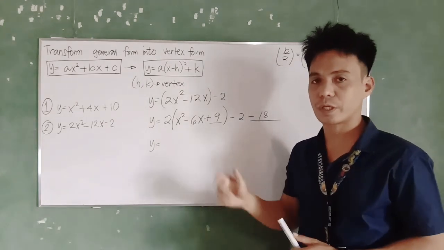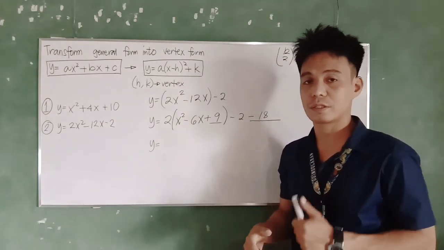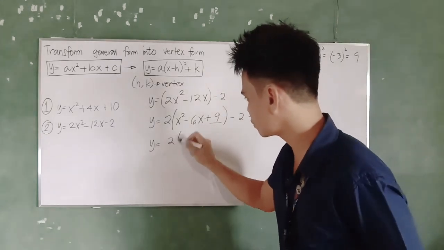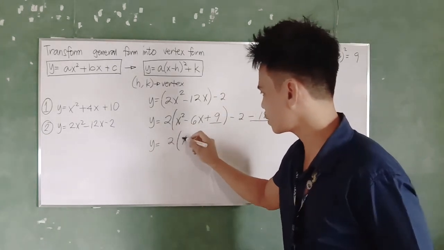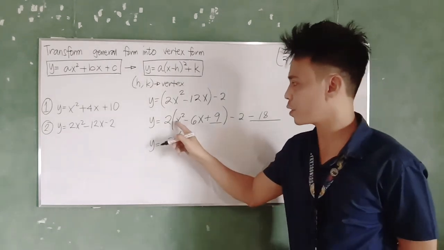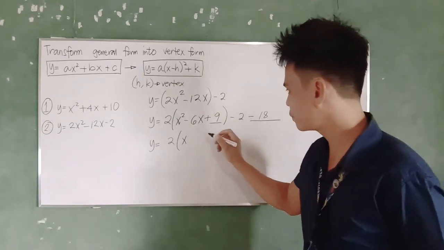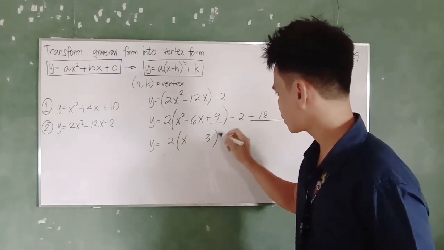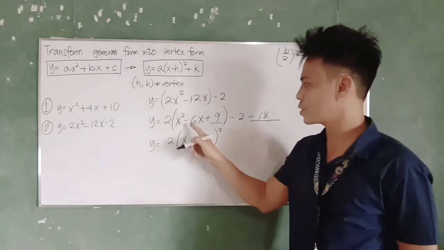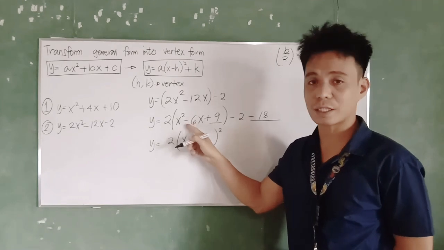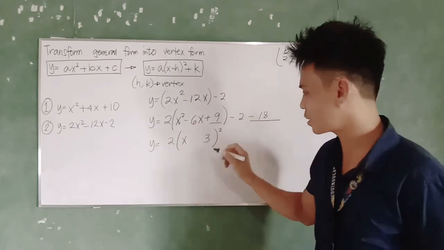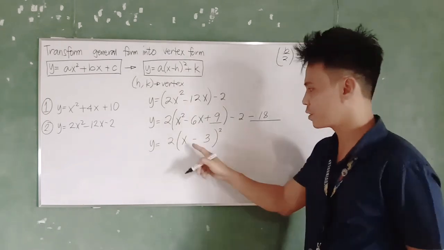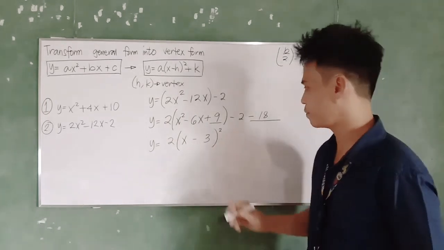So therefore, simplify your perfect square trinomial into a perfect square binomial. So therefore, mangyayari dyan, 2 is equal to square root ng x squared is x. Then, square root ng 9 is 3. This is square. Since your sign there is negative, your b sign is negative, so therefore, your sign is also negative. So, 2 quantity x minus 3 squared.